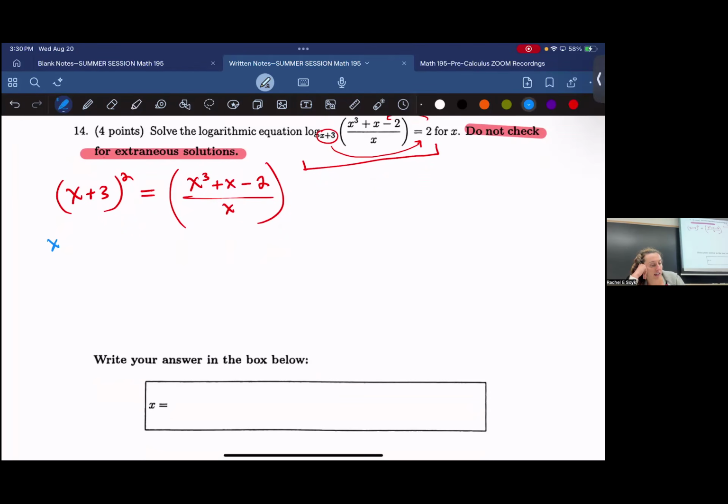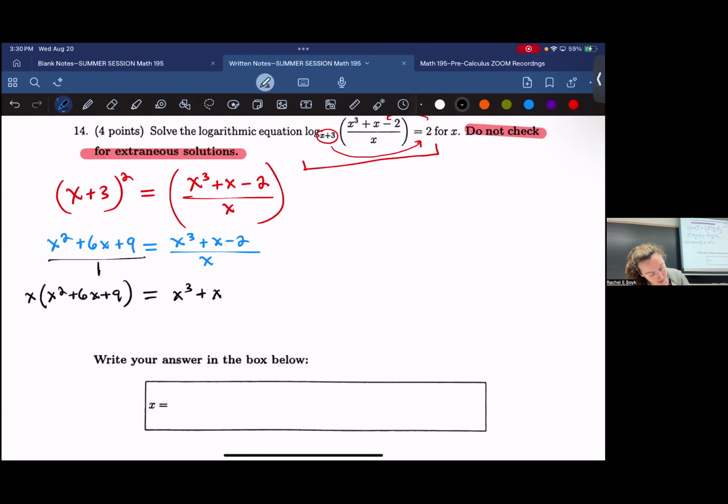So we're looking at x squared plus 6x plus 9 is equal to x to the third plus x minus 2 all over x. Now we're going to cross multiply. So we get x times our x squared plus 6x plus 9 is equal to x to the third plus x minus 2. No longer dealing with any fractions.